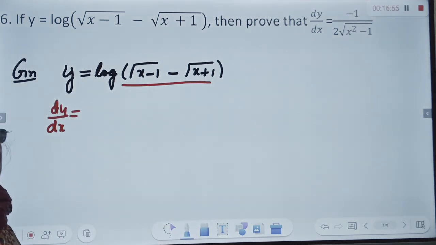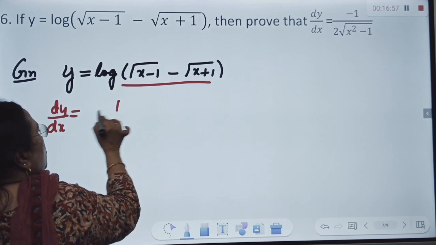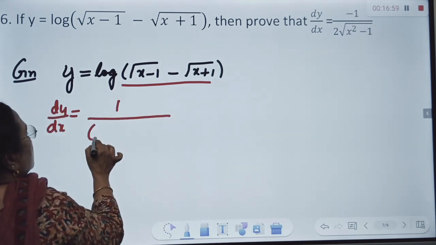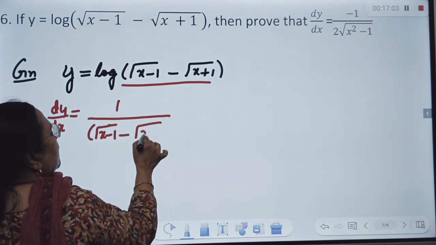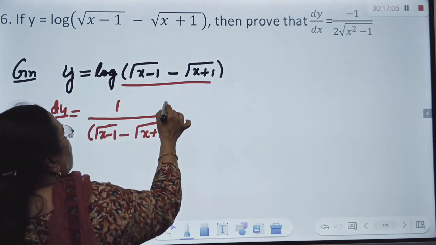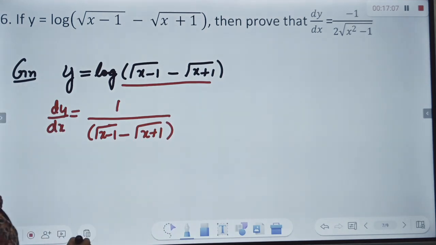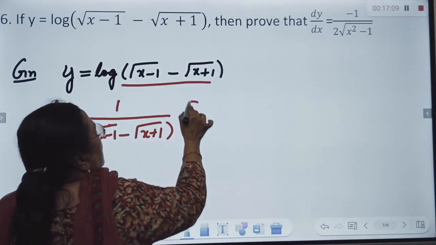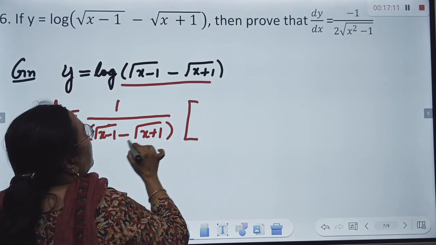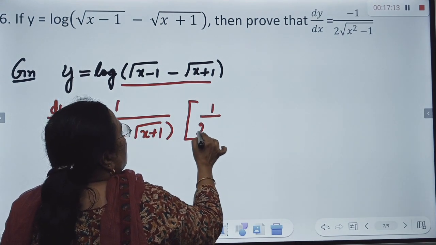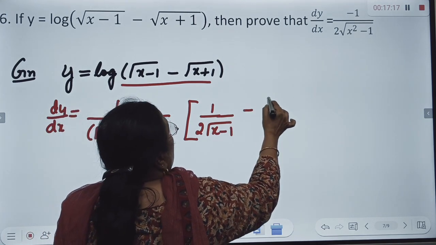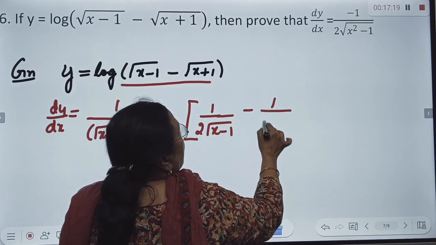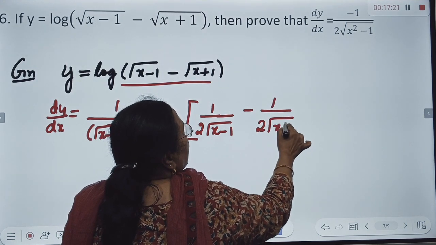Log x, if I differentiate, I get 1 by x. So 1 by root of x minus 1 minus root of x plus 1 into derivative of this. What is derivative of root x? 1 by 2 root x. So 1 by 2 root of x minus 1 minus, what is the derivative of root of x plus 1? 1 by 2 root of x plus 1.